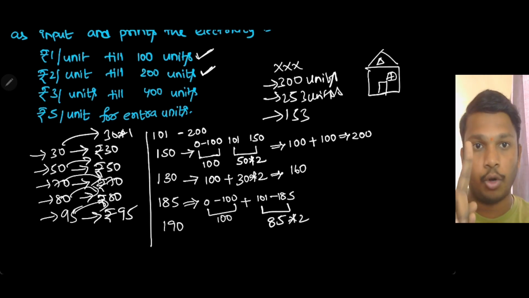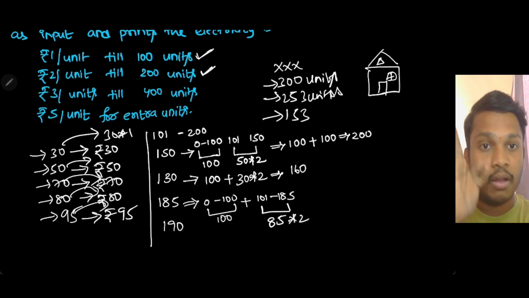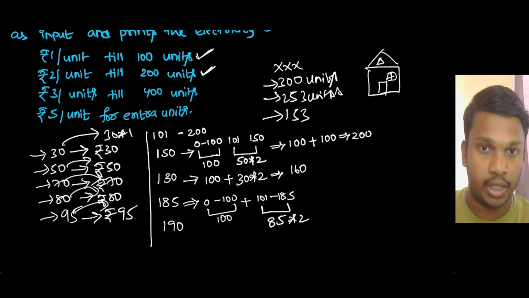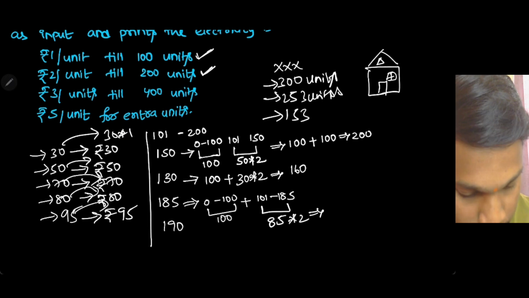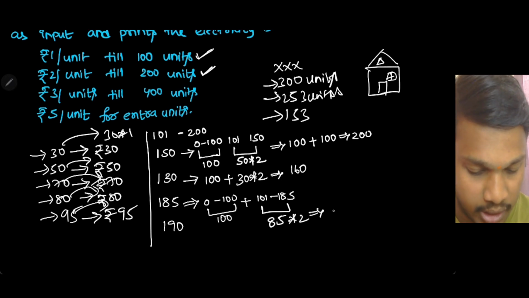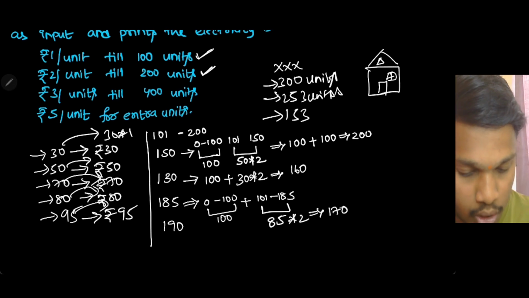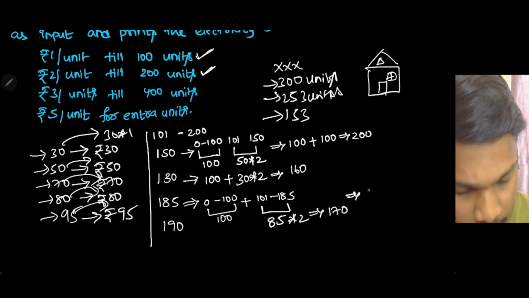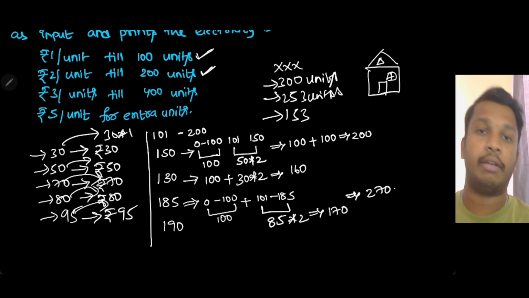They told till 100, 1 rupee only. The remaining till 200, from 101 to 185 units, you need to pay 2 rupees, so 85 into 2, 170. So in total they will pay 100 plus 170, 270 rupees.